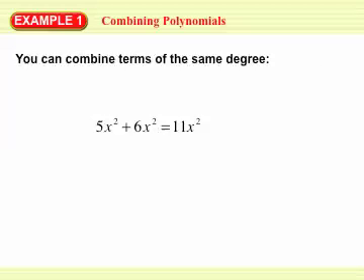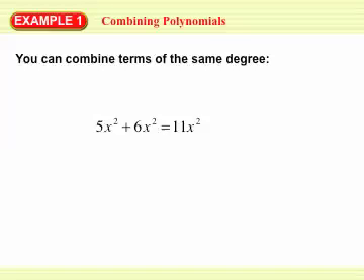It is okay to combine terms that have the same degree. For example, in the equations shown below, if I have 5x squareds and add to that 6 more x squareds, I have a total of 11 x squareds. Because these are both second degree terms, I can combine them together. Notice that the exponent didn't change.